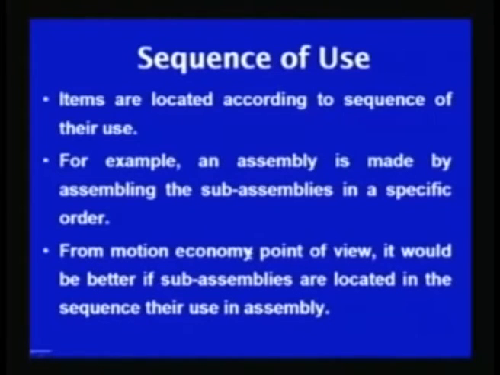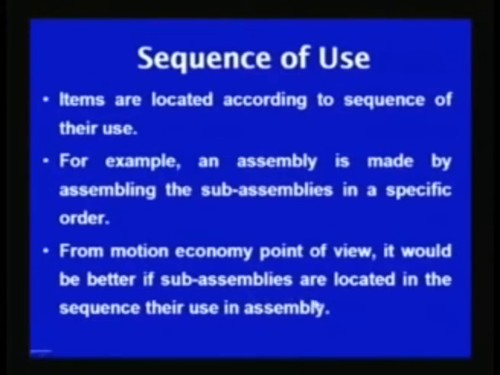From the motion economy point of view, it is important that the sub assemblies are located in the sequence of their use, but sometimes it is not found very effective, because sequence of use may not lead to the most effective motion, or it may lead to excessive time required to search and select the items which are to be used during the operations.